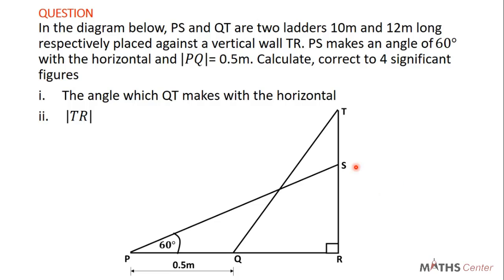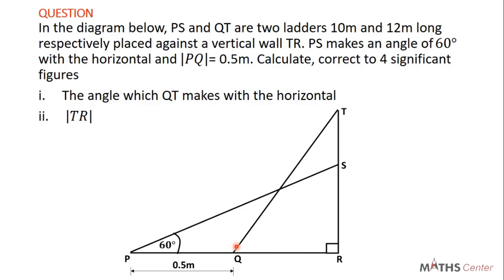So this is the diagram for the question. Fortunately for us, a diagram was drawn, so you can go straight ahead and solve the question. The question says that PS and QT are two ladders with lengths 10 meters and 12 meters respectively, so the length of PS is 10 meters and the length of QT is 12 meters.